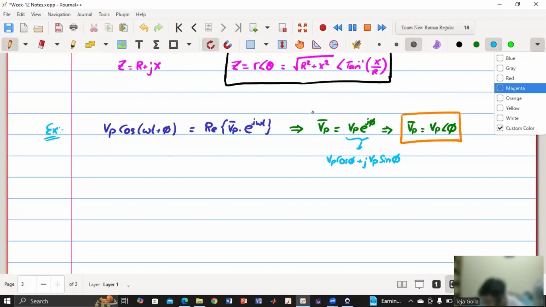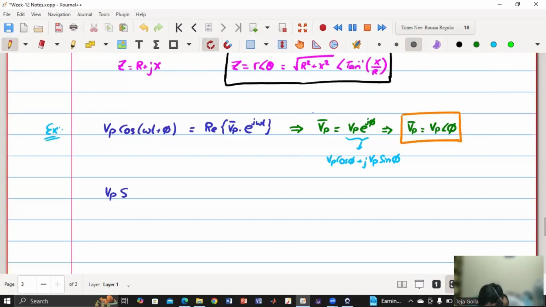So now say the input is Vp sin omega t plus phi. So now what happens? How will I be writing it?